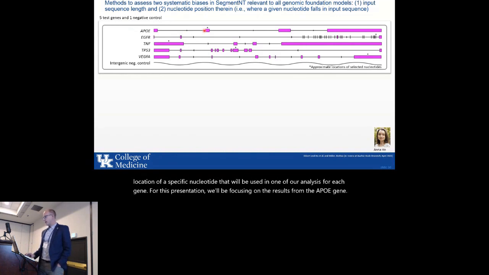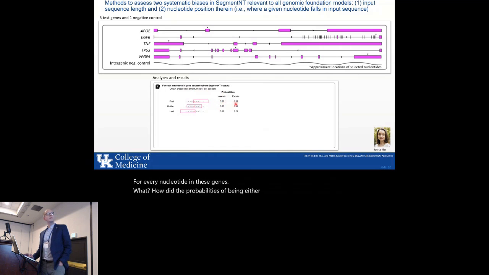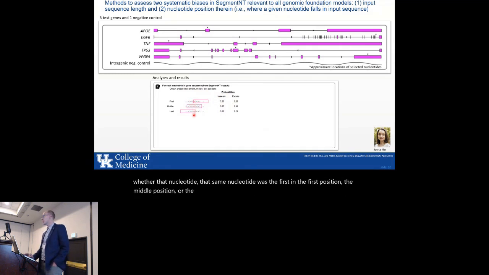So the 2 basic analyses that we performed: the first was looking at, for every nucleotide in these genes, how the probabilities of being either intronic or exonic change based on whether that same nucleotide was in the first position, the middle position, or the last position of that input sequence.